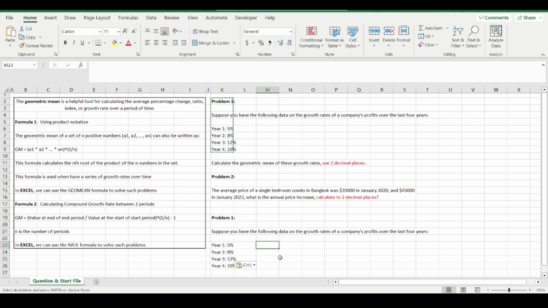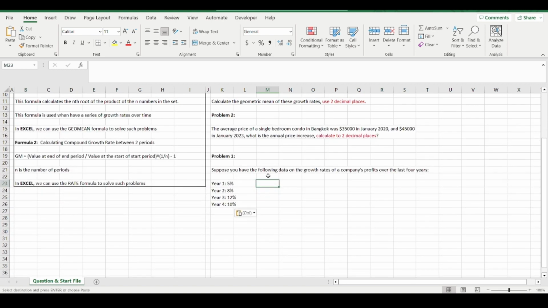Okay, so the way we're going to solve this, we can use the GEOMEAN function. First, I need to add 1 to each of these growth rates.